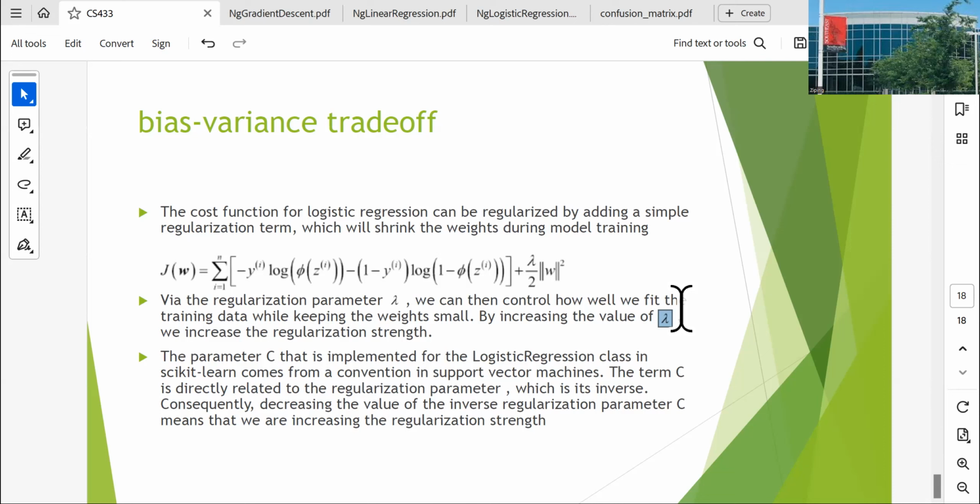But C is not lambda. C is the inverse of lambda. So if you want to add more regularization in sklearn, that's C. Be careful. If you want the regularization to have less effect, then you increase C. Later on we will see an example.